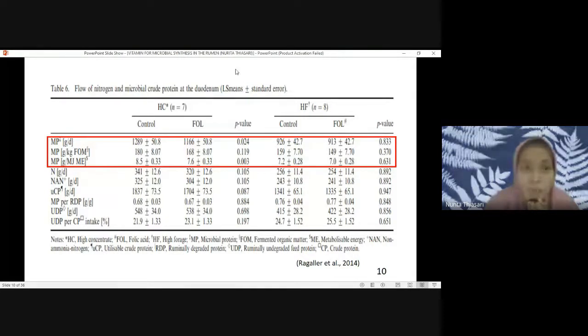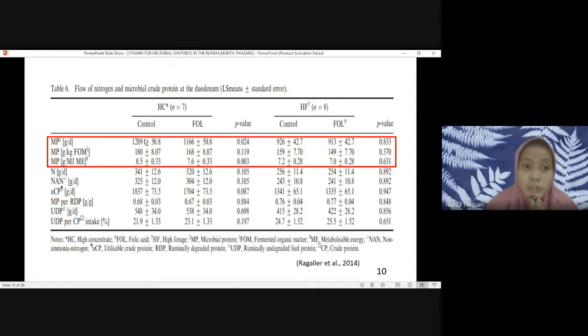And next, I move to another result of the experiment about the folic acid also. Here it also mentions the microbial protein synthesis. We can see they compare high concentrate with high forage, the control without the addition of folic acid and the addition of folic acid.